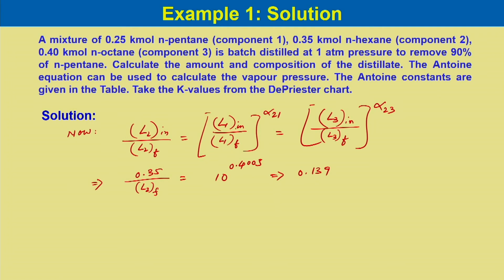This 10 is the ratio of L1 initial divided by L1 final. L1 initial was 0.25 kilomole of n-pentane and the remaining, which is final, is 0.025 kilomole. So, the ratio L1 initial by L1 final is 10.